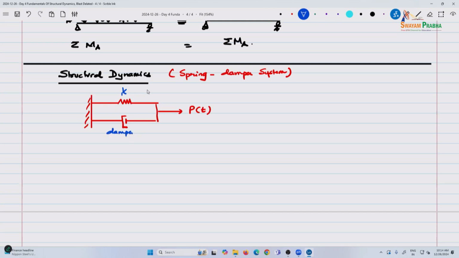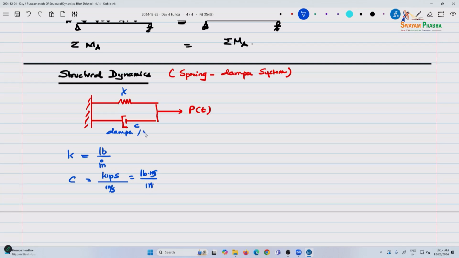the units in this case, K, we have seen F is equal to Kx. So this is pounds per inch. Now C is a function of velocity. So the dashpot we represent by C, and this is a function of speed. So pounds or kips, kilopounds divided by inches per second, or let's say pound seconds per inch.